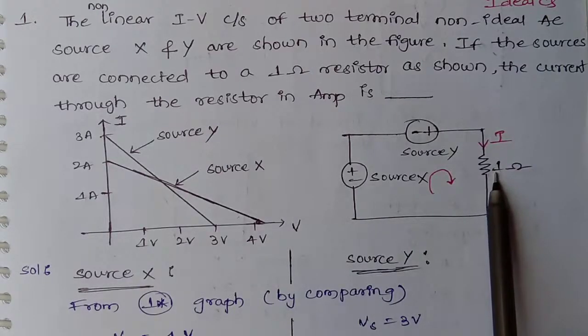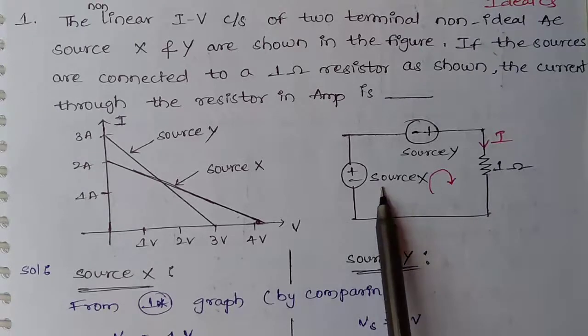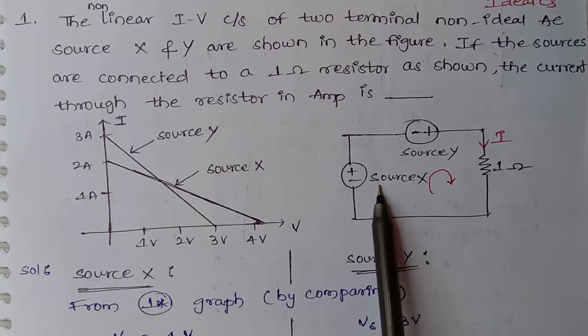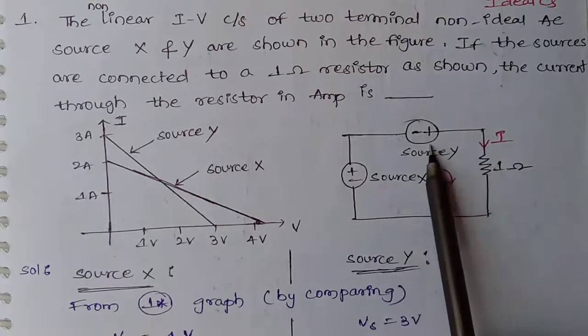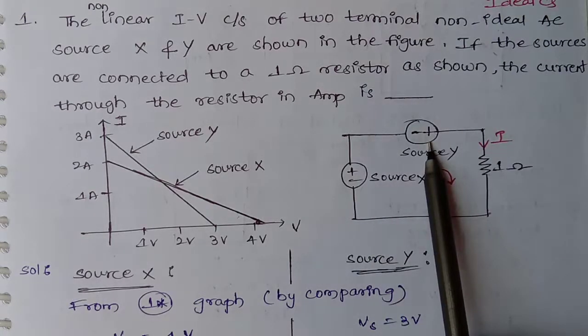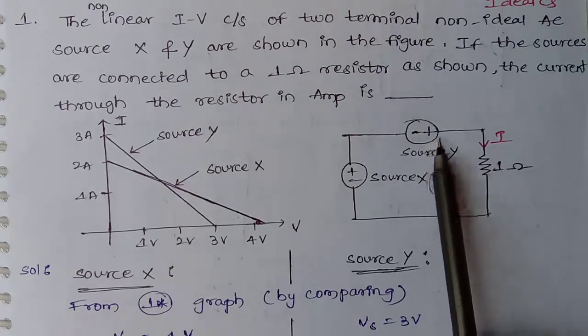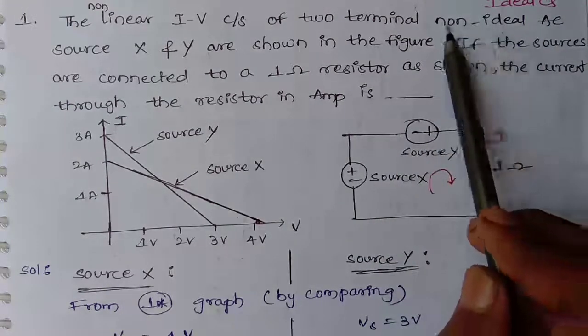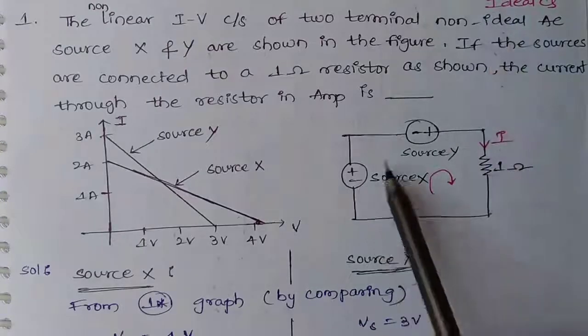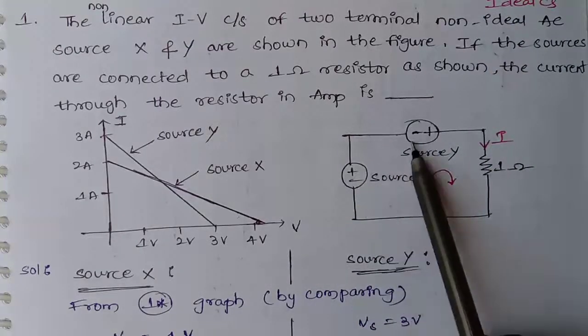For that we need to find out the source X voltage value as well as the internal resistance value. We need to find out this voltage value and the internal resistance of source Y, because these two sources are non-ideal sources, so we will have some internal resistance for them.